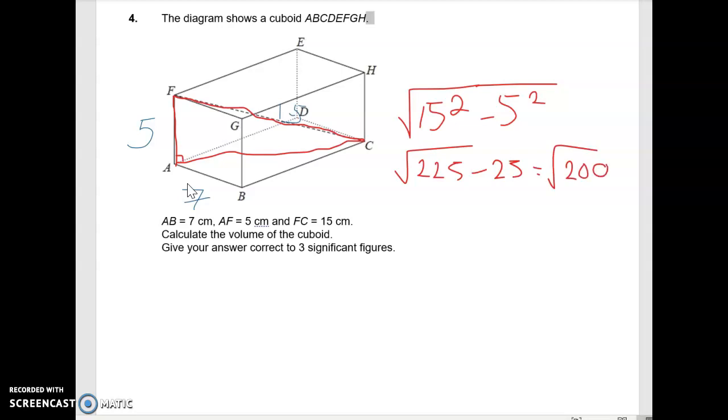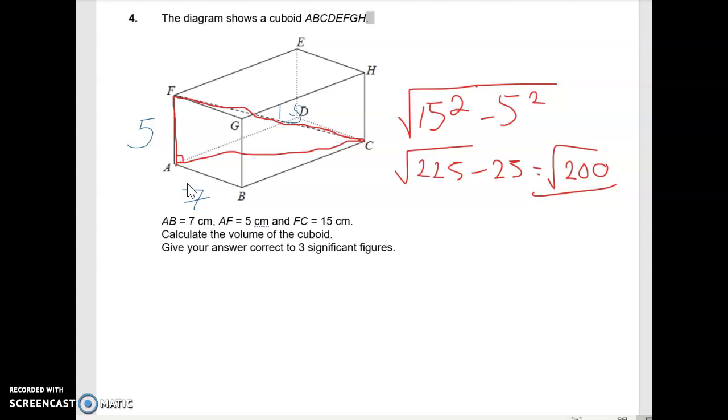Okay. Now I'm going to keep it as a square root and not round it yet, even though you can do this with a calculator, mainly because I don't want to round the answer and mess up my final answer and round it incorrectly. So I'm going to keep it as the square root of 200.